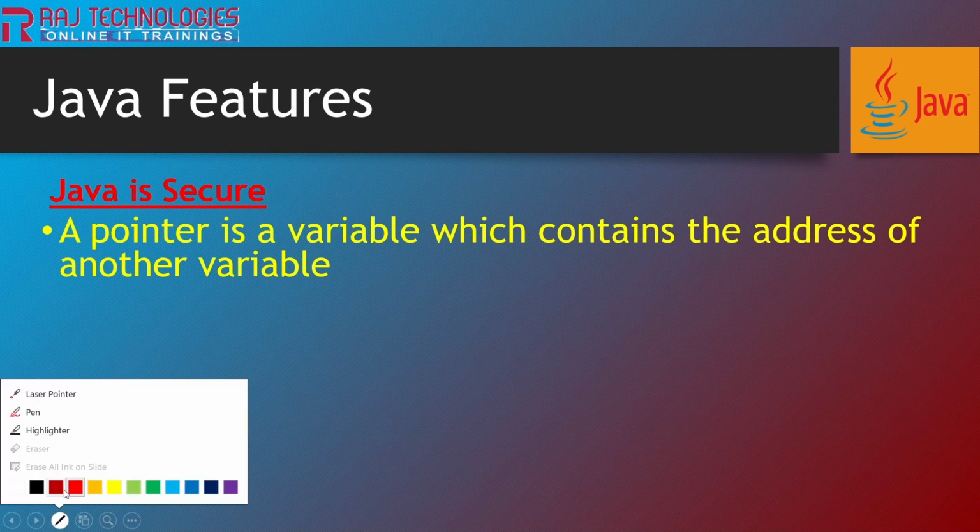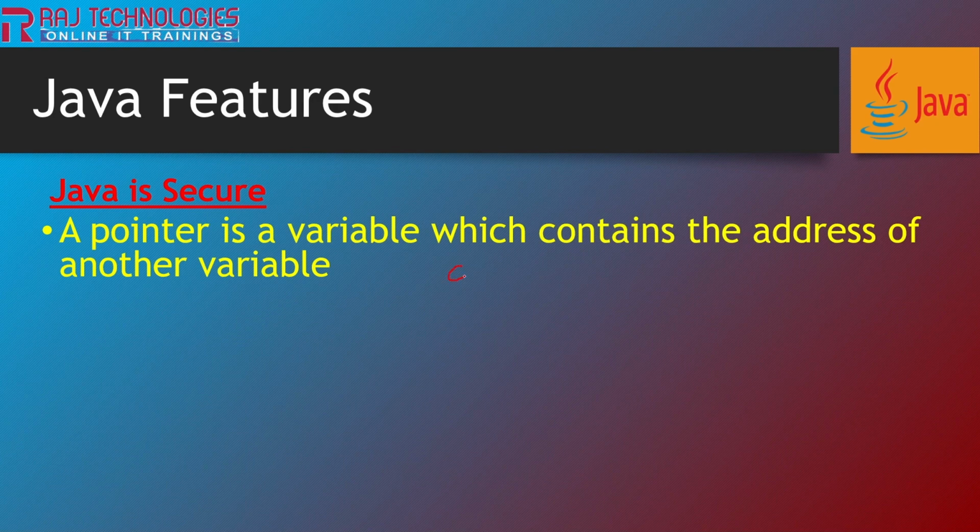In C or C++, if you declare a variable like int n whose value is 10, then it's going to allocate memory for the n variable which holds the value 10. Let us assume the address of this variable is 100. This is the address of the variable n here.